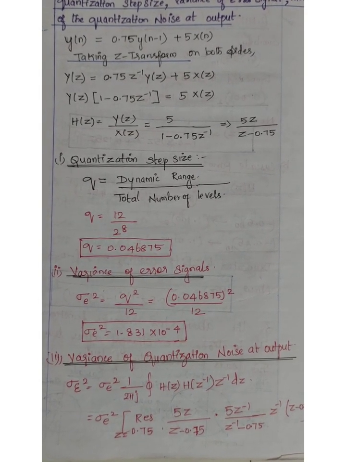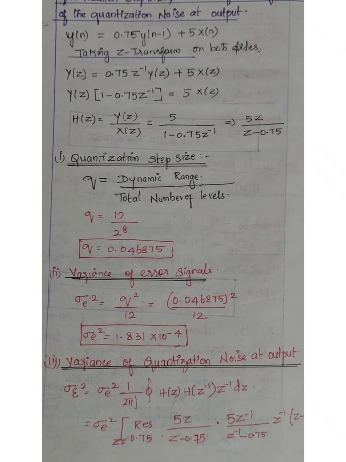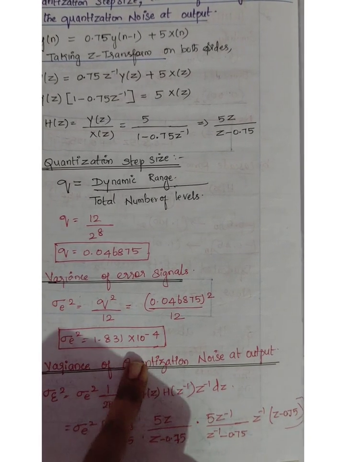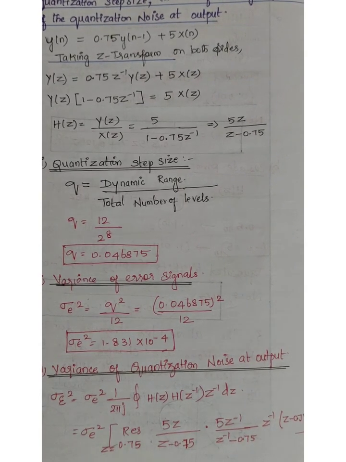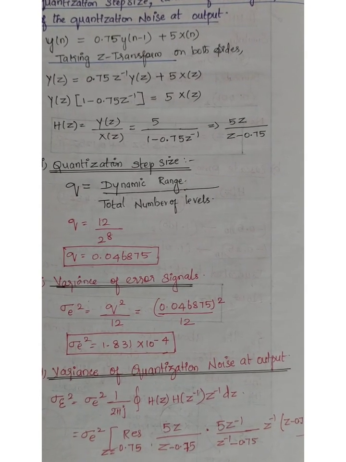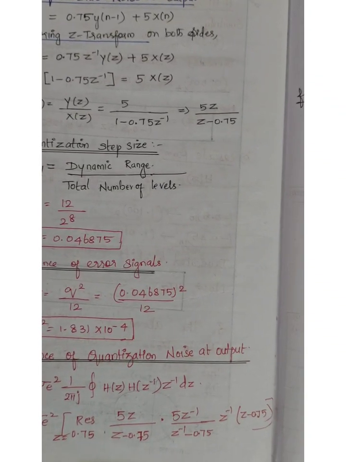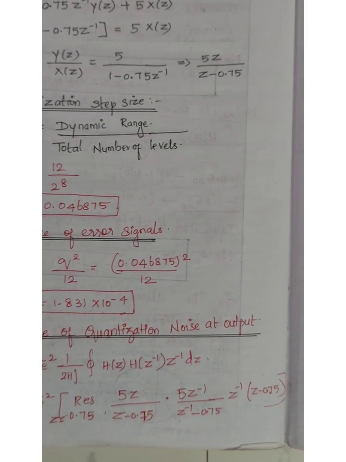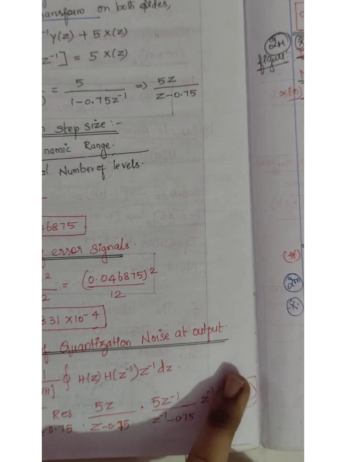We have another formula using the residue method: sigma_e squared times the residue of H(z) H(z^-1) z^-1. For H(z) we replace 5z by (z - 0.75), and into H(z^-1), wherever z, put z inverse. Therefore 5z^-1 by (z^-1 - 0.75), with the pole from the denominator being 0.75, so z - 0.75.